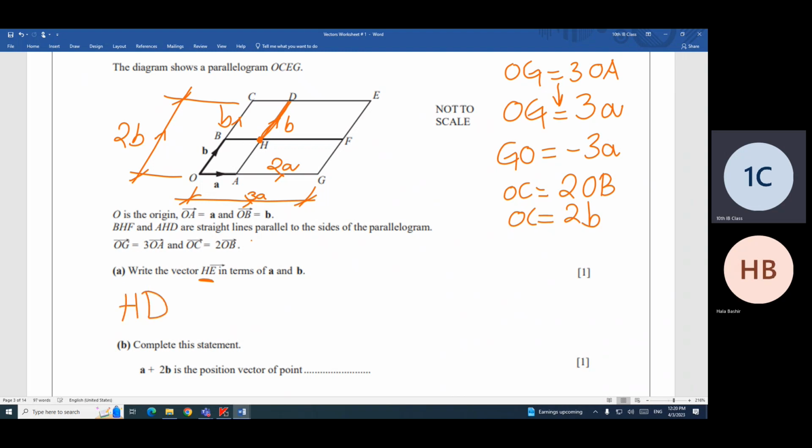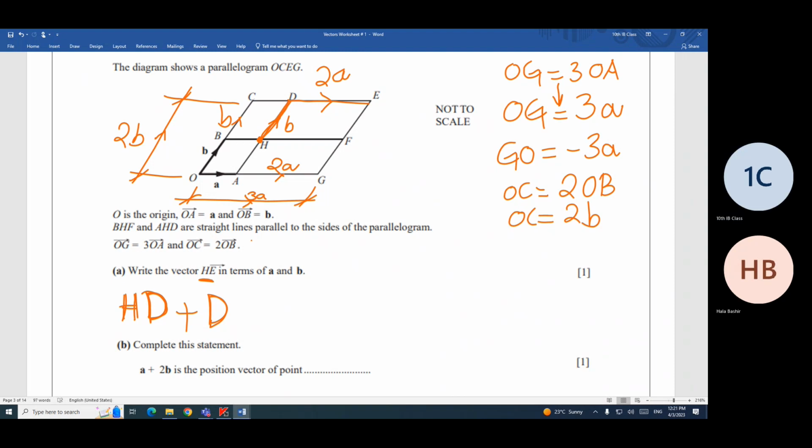Bravo. But pay attention to one thing. We started with H because it says we need HE. We went from H to D, plus we ended with D, so we must start here with D. D to where? E. Do we know E? It's parallel to HF, parallel to AG, so this is its direction and the magnitude is 2a.